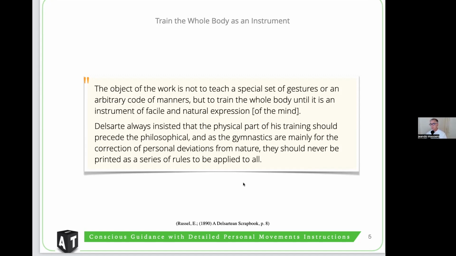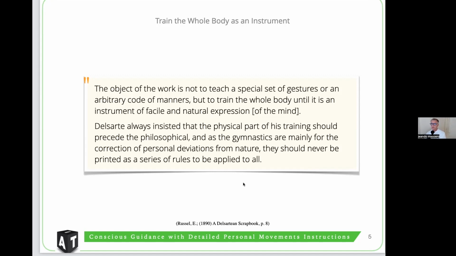The second point is that there is a physical part in the training of Delsarte. This is a difficult position that Russell is taking here, because Delsarte did not make that much difference between the mental and the physical, and for him it was clear that the mind should use the body as its instrument.